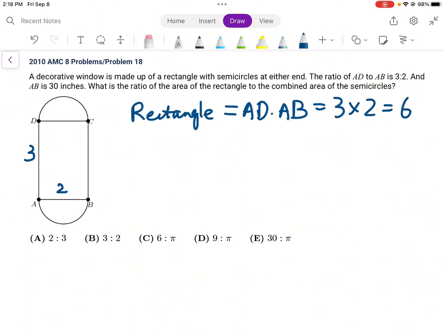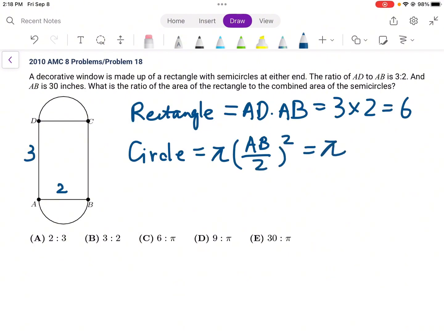And two semicircles combine into one circle, so the area of the circle equals pi R squared, and R, the radius of the semicircle, equals AB over 2. And that equals pi. Therefore, the ratio of their areas is 6 to pi. The answer is C.